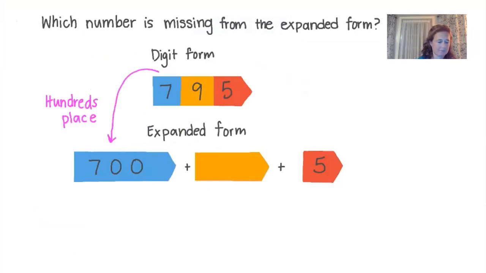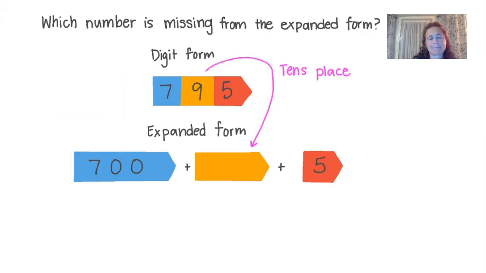All the way on the left, the digit shown in blue here is the hundreds place. The digit all the way on the left, the 7 here, is in the hundreds place. And we write 7 hundreds in expanded form as 700.